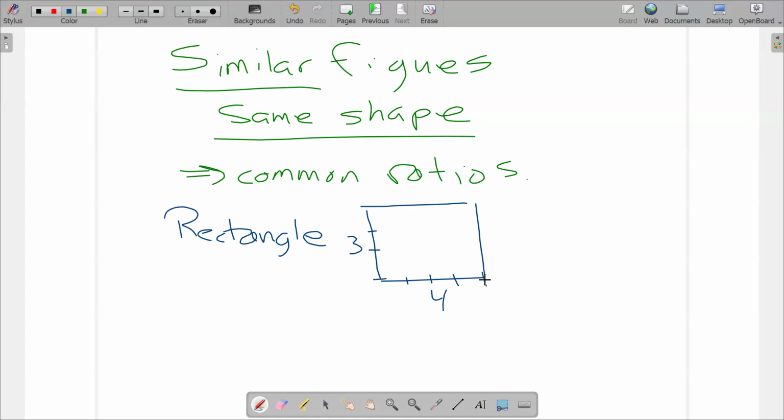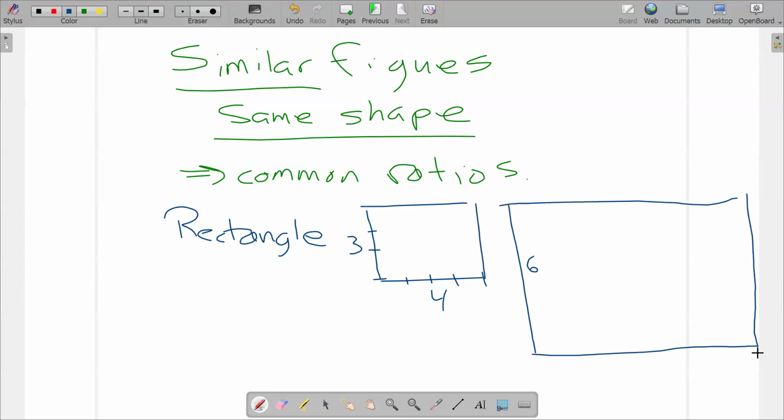What rectangles could have the same shape? Well, I could double the sides. So instead, I could have one that's 6 by 8. Then they have the same shape.